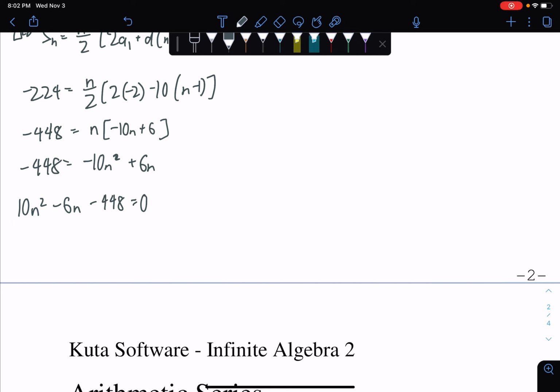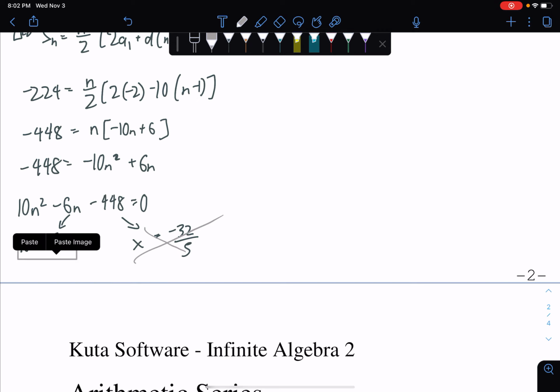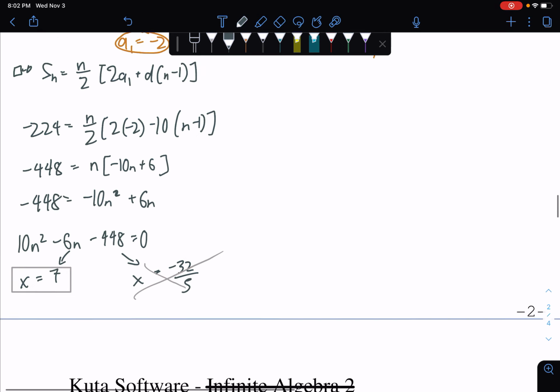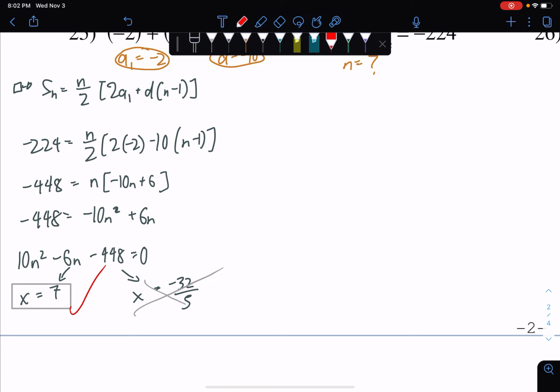Only a big brain genius could solve this. Even I couldn't. So n sub 1 is equal to 7, and the other one, n sub 2, is negative 32 over 5. We know that our negative quantities, disregard them, and this will be our final answer. Oops. I'll just arrange. There you go. So this is our final answer, which is correct.